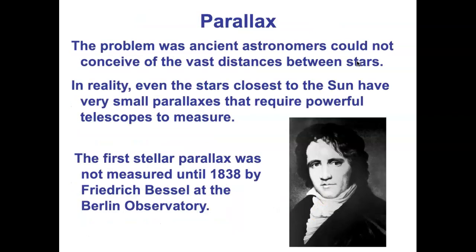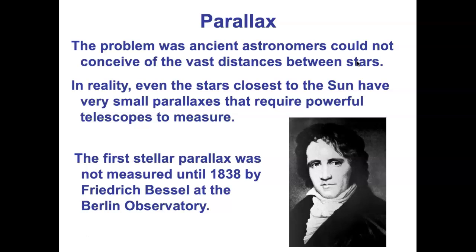The fact of the matter is, because the Earth is orbiting around the sun, stars do have parallax. It's just very, very imperceptibly small to the naked eye. Remember when we were talking about telescopes and we talked about the resolution limit, right?